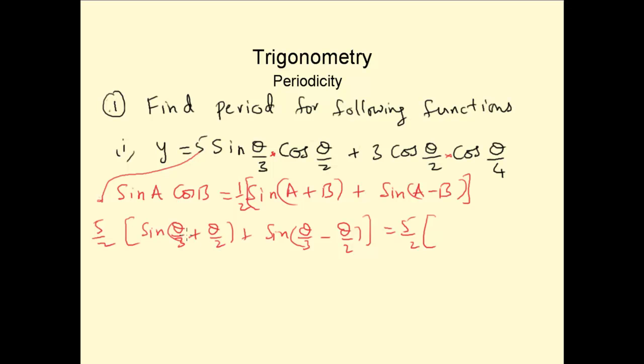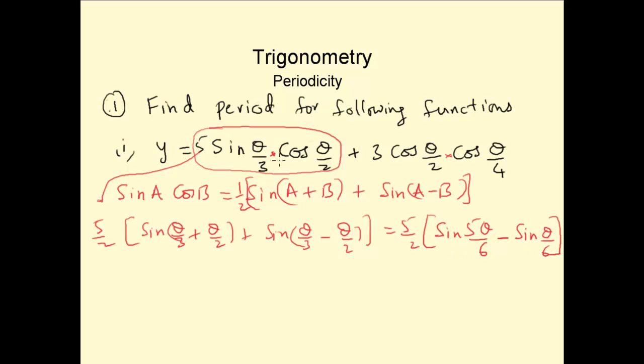It would be 5 theta by 6, so it's sine(5 theta/6). Plus, what is sine(theta/3 minus theta/2)? That would be 2 theta minus 3 theta, which is minus theta by 6, and sine of minus theta is minus sine theta, so it becomes minus sine(theta/6). So the first term can be converted into 5 by 2 times sine(5 theta/6) minus sine(theta/6).